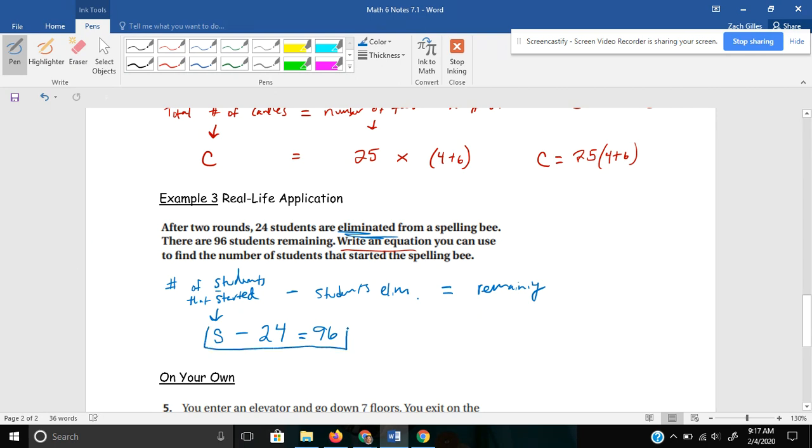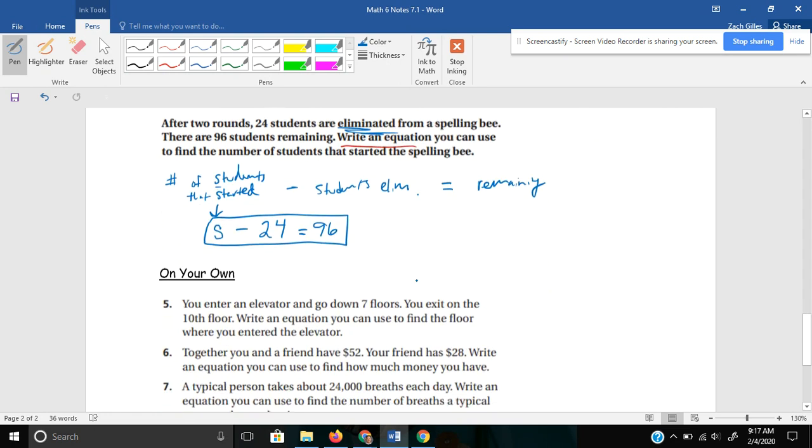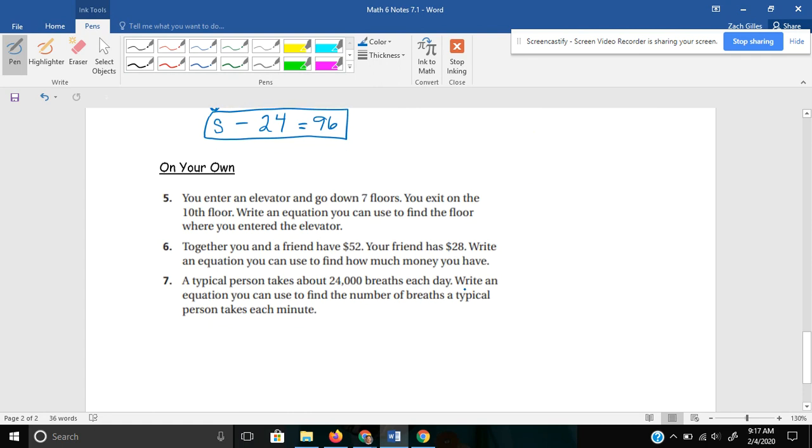S minus 24 equals 96. The number of students that started, and then I eliminated 24, so subtracted 24, gives me a total of 96. All right, we're not going to get into yet how to solve these. I'm sure some of you are already trying to do that, but we're just, again, writing an equation.